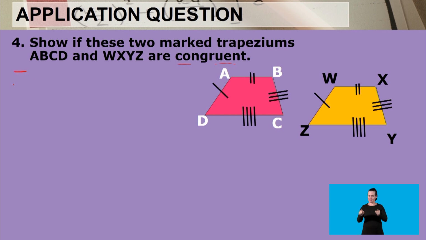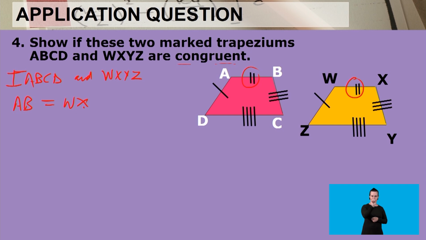We are dealing with ABCD and WXYZ. What are we looking at? We're looking at side AB equals side WX.